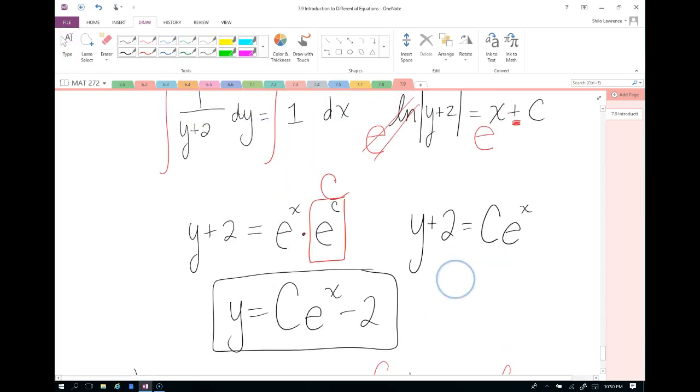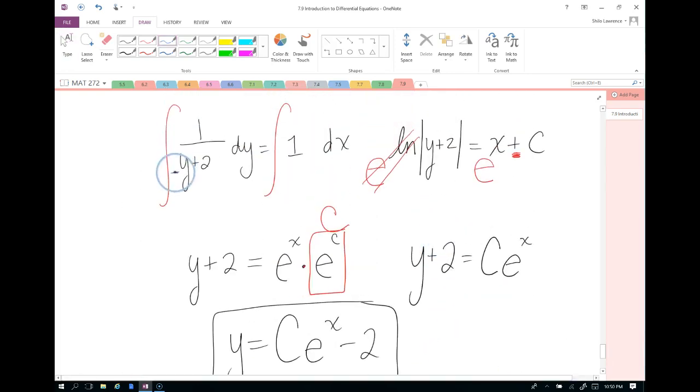I didn't write it out on the last one because y didn't have a coefficient. So if I said u was y plus 2, I would just get du equals 1 dy, or du equals dy. It's a straight swap for the u's and the y's, and no extra coefficients are introduced.